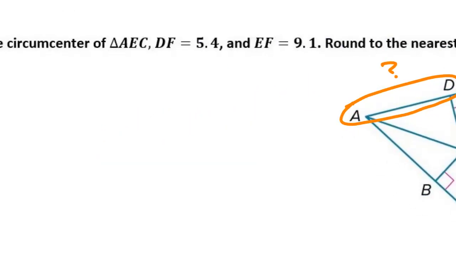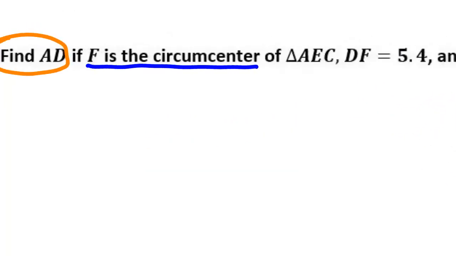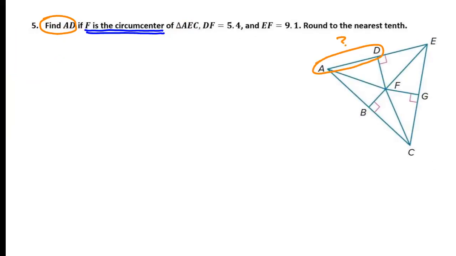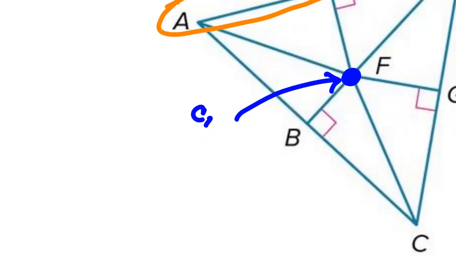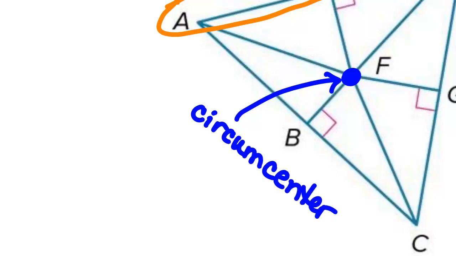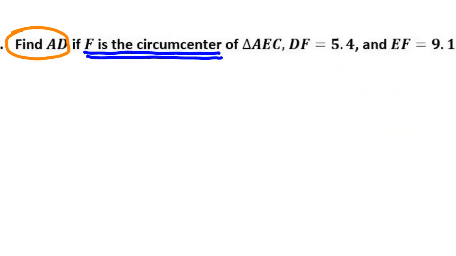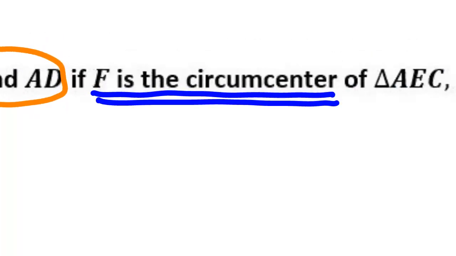They tell me that F is the circumcenter. So this point right here is the circumcenter. The circumcenter is where the 3 whats intersect?